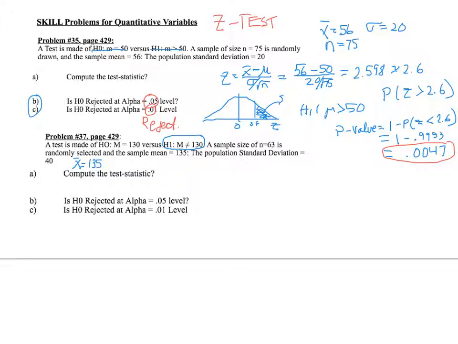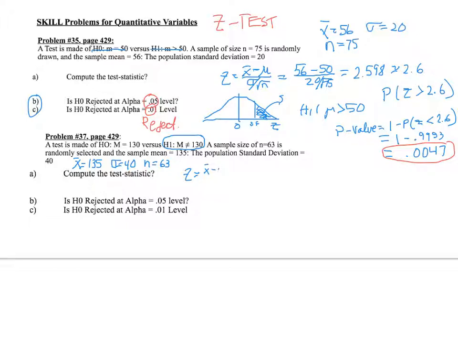We have a population standard deviation equal to 40, and we have n equal to 63, right? It says compute the test statistic. Well, since we know the population standard deviation, we'll be using a z.